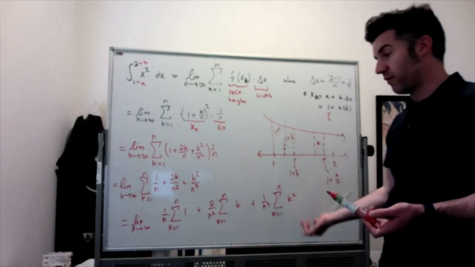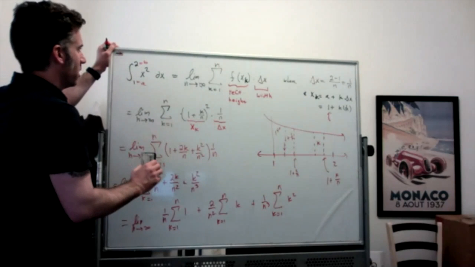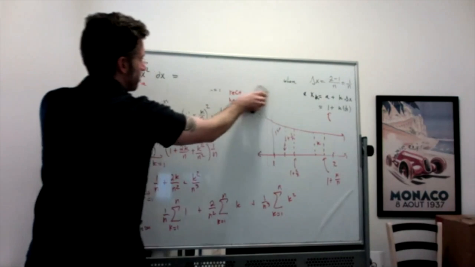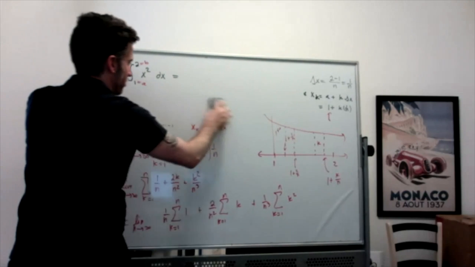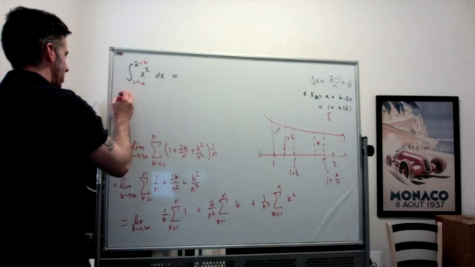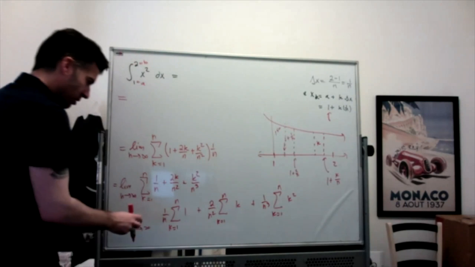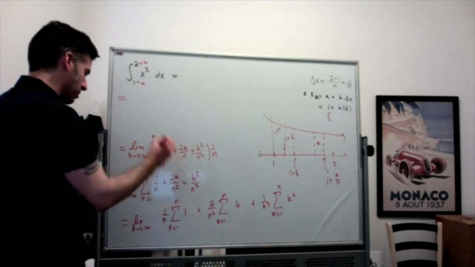So then we can use the formulas. So this is equal to, so we know the sum from k equals 1 to n of 1 is just n.